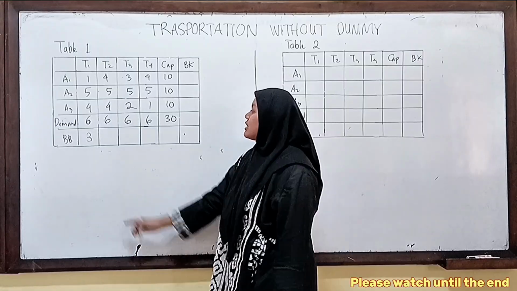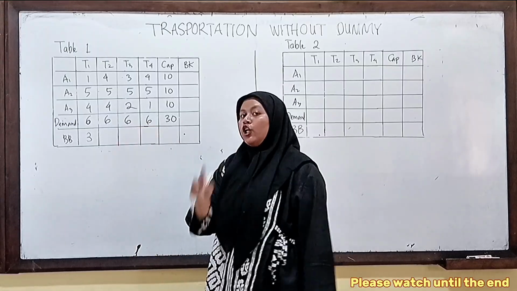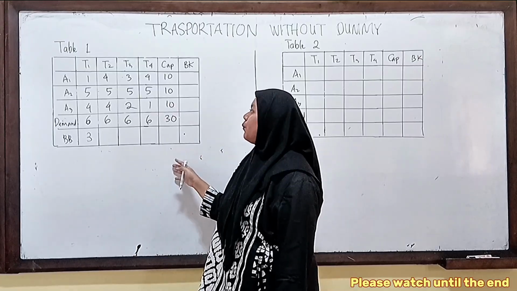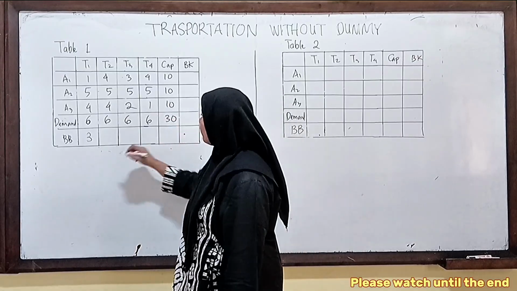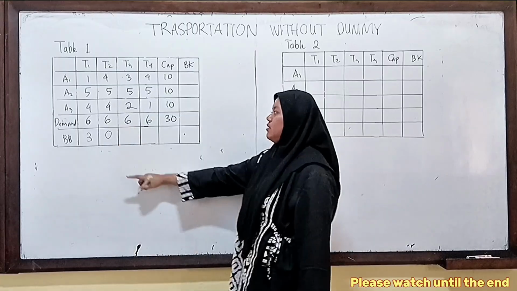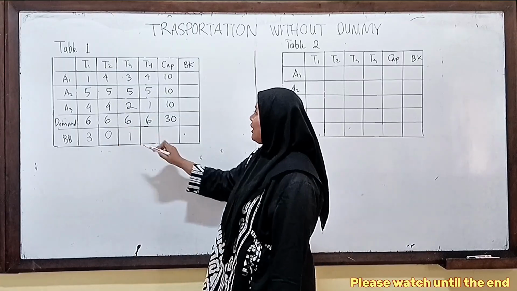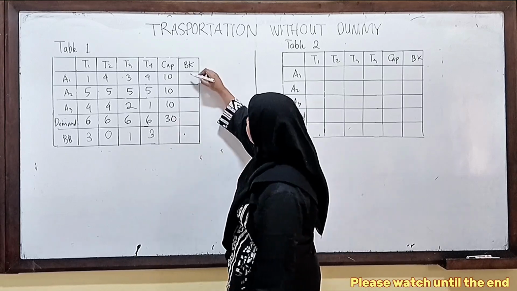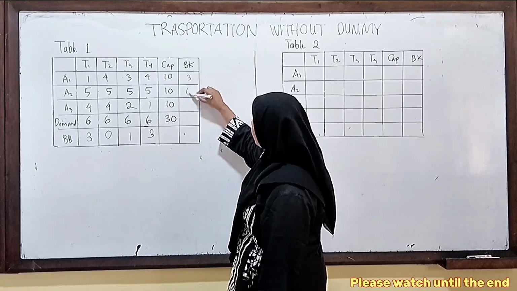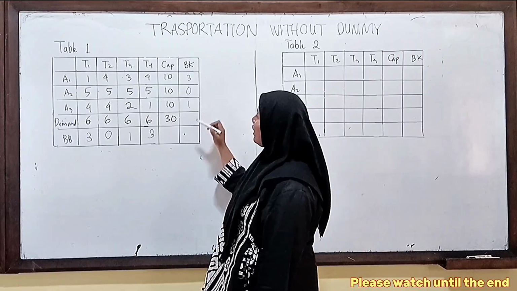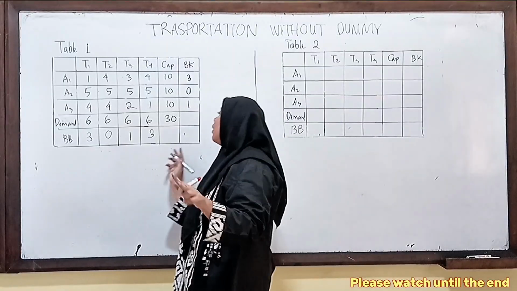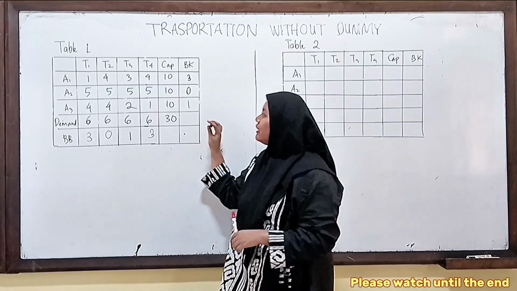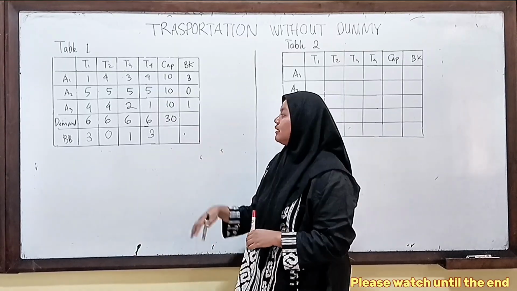We also subtract the two minimum costs in the other rows and columns in the same way. This one gets 0, this one 1, this one 3. For this row we get 3, then 0, and here we get 1. The difference between the two smallest costs in each column and each row is called the penalty.